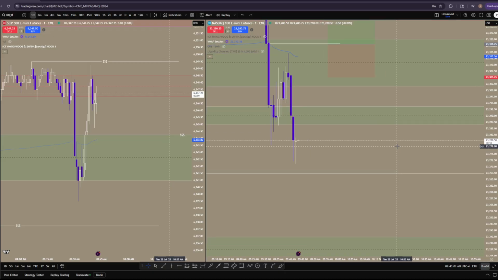So whenever we see a lot of this SMT back and forth in between higher time frame fair value gaps on both sides, that tells us that we're probably going to see a decent amount of range.